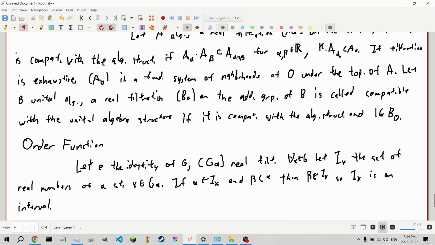Also, I just noticed I wrote "of" here, which doesn't make sense. It should be: the real numbers alpha such that x is in the alpha filtration of G.